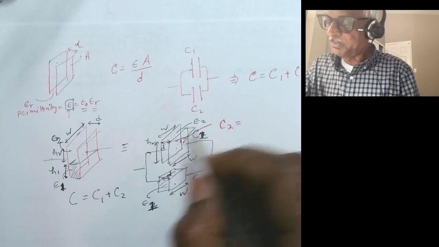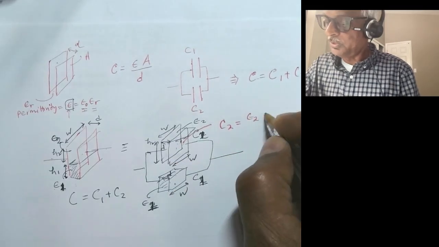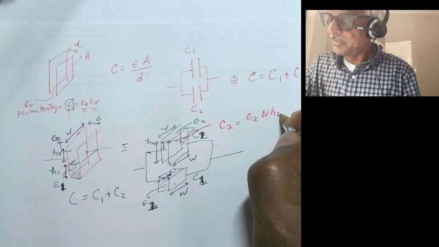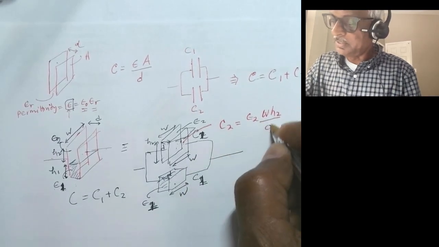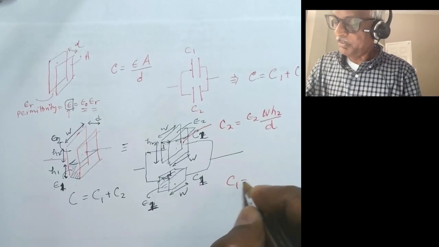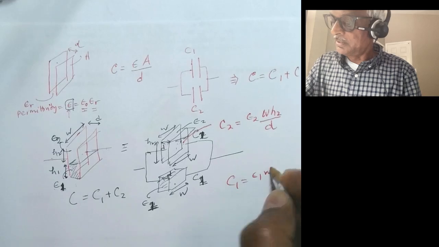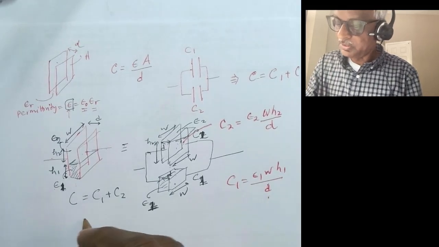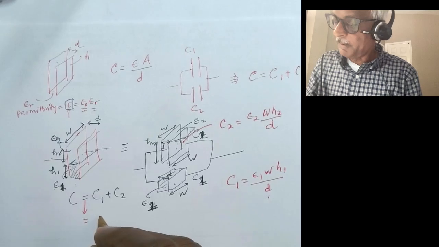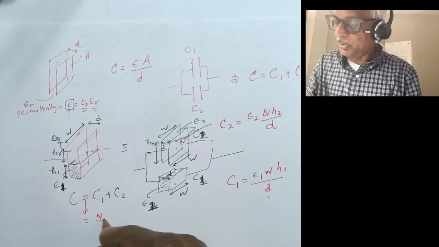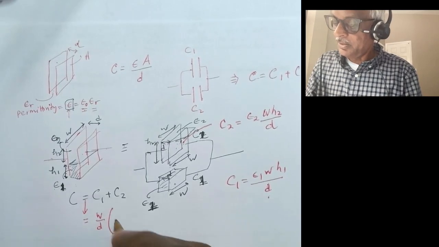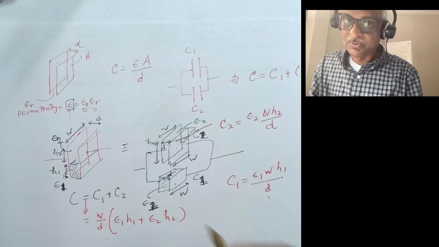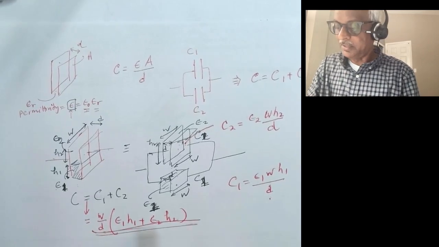Using this formula, C2 is epsilon 2, the area will be w times this height, and the distance between them is d, and C1 will simply be epsilon 1, same width, h1 and same distance. So C will be, since w over d is the same, w over d times epsilon 1 h1 plus epsilon 2 h2. So that's the answer, right?